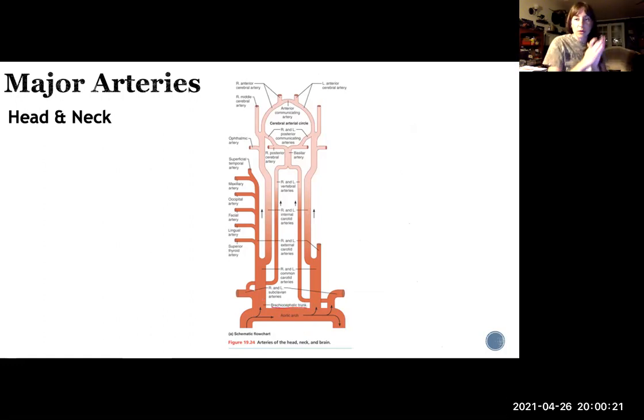It is going to branch off and become the left common carotid artery, and then the subclavian, which means below the clavicle, subclavian, okay? So you have the brachiocephalic trunk branching off into the left carotid and the left subclavian, okay? And, oh, this is where that's going.